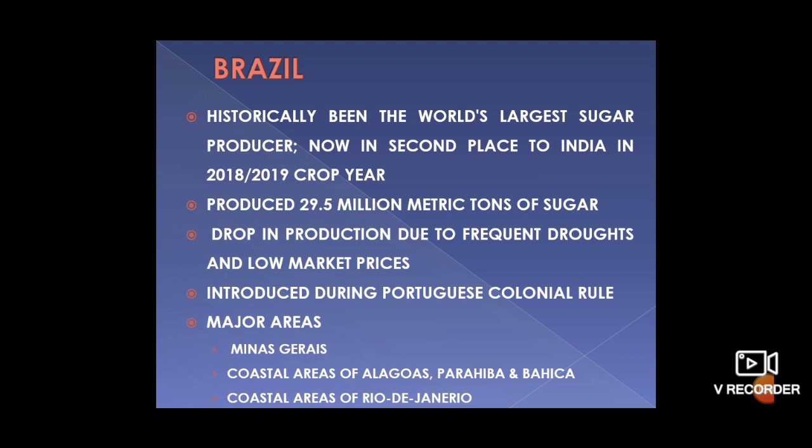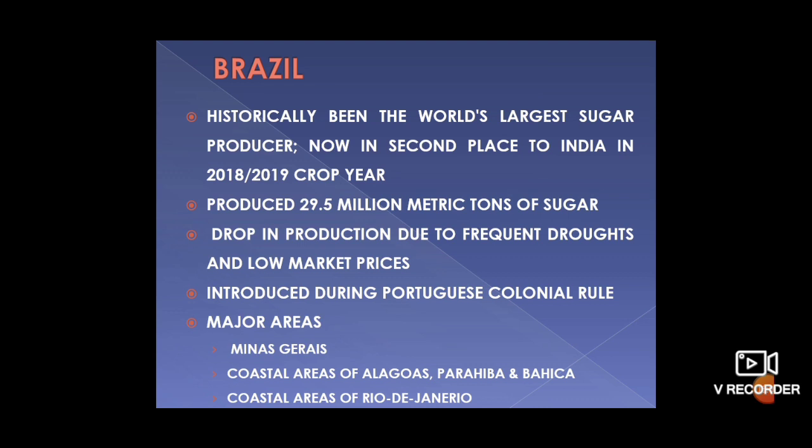Historically, Brazil has been the world's largest sugarcane producer. In 2018-19, the country goes to the second place next to India due to severe climatic conditions and problems in the internal market. The country produced 29.5 million metric tons of sugar in 2018-19 crop year.